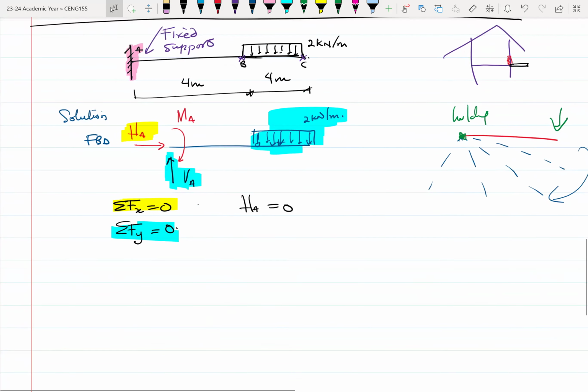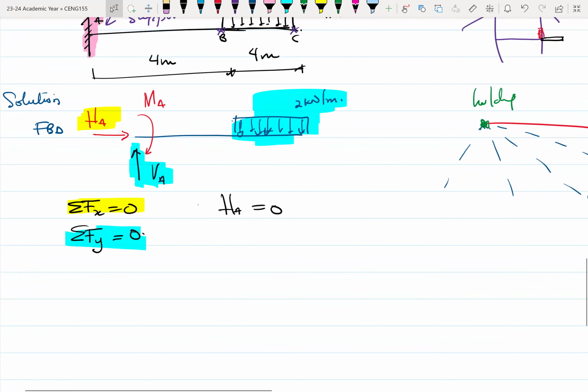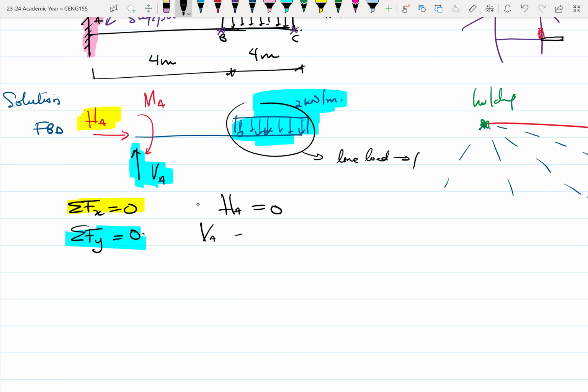Okay. So now let's sum all the vertical forces together. VA is going upwards minus this coming downwards. Again, this is a UDL. So we need to convert this line load or this UDL into a point load.